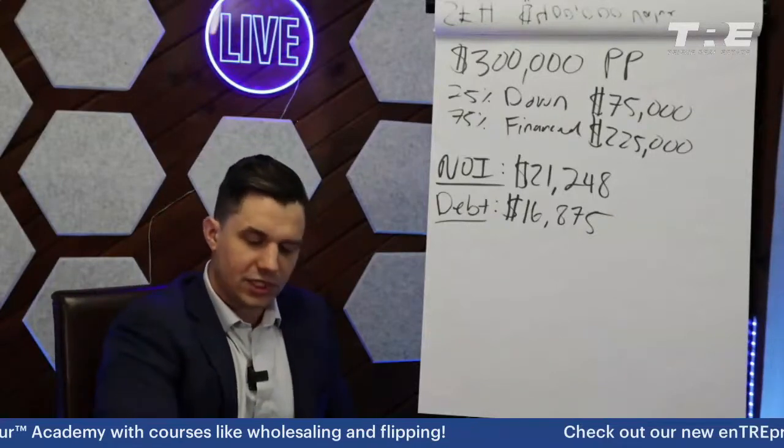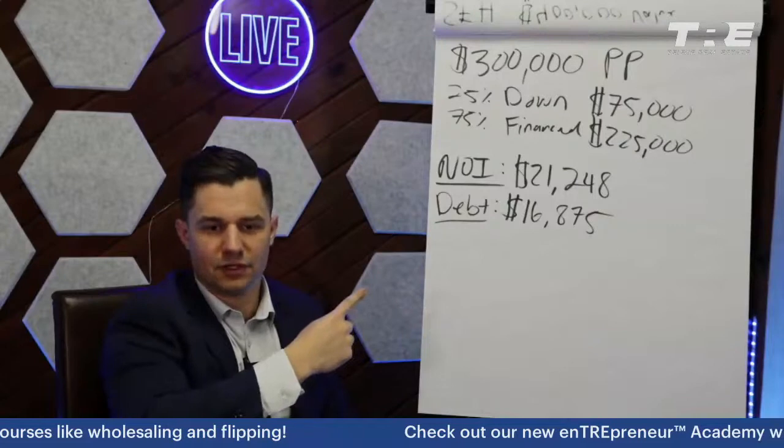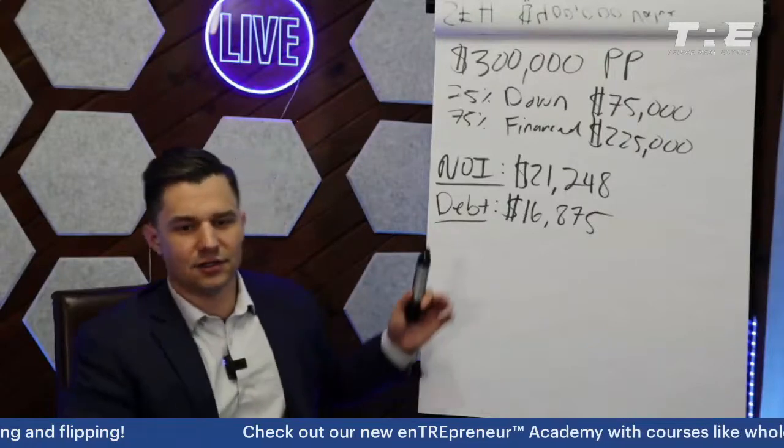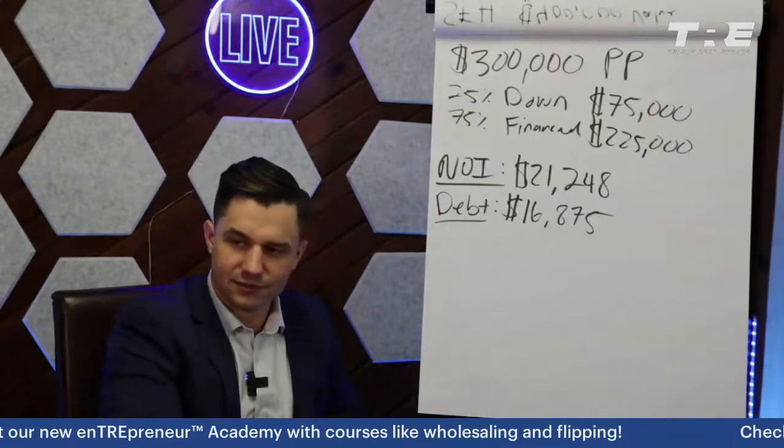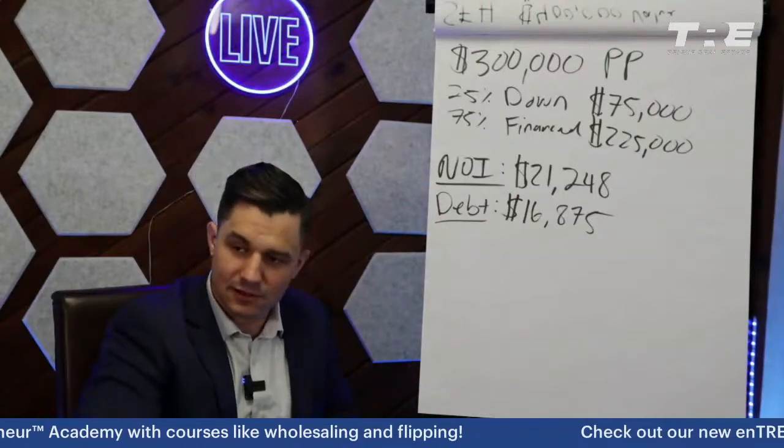So do y'all know the DSCR here? What is the DSCR for this NOI and this annual debt service?